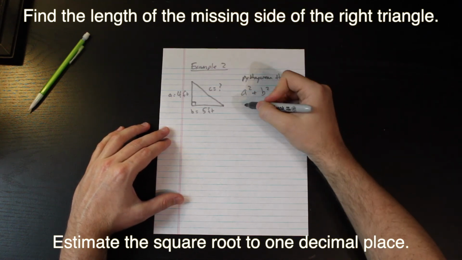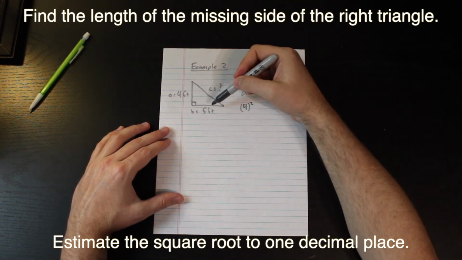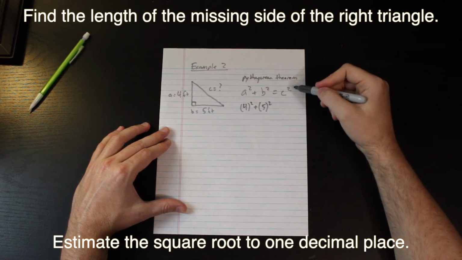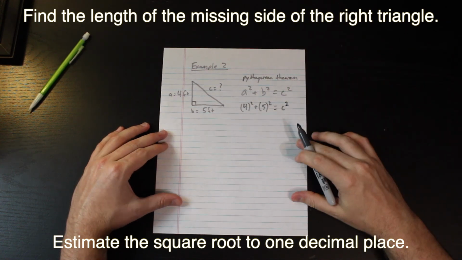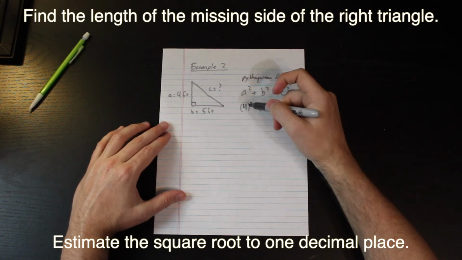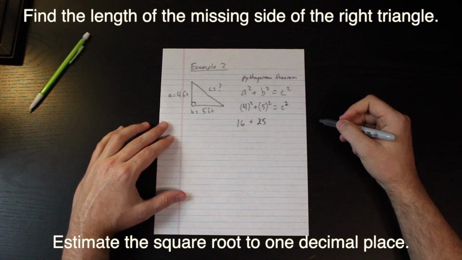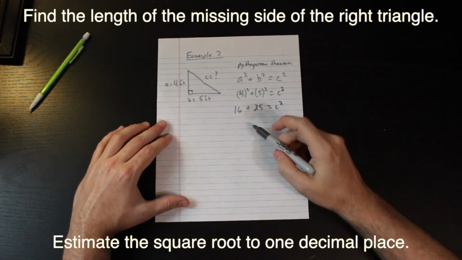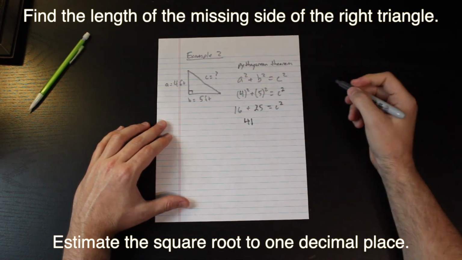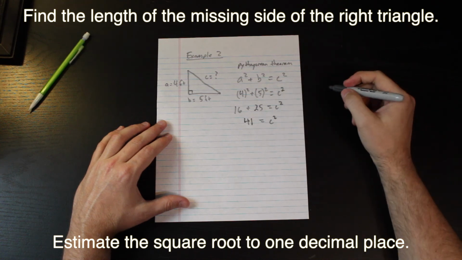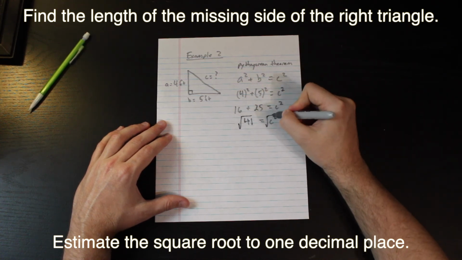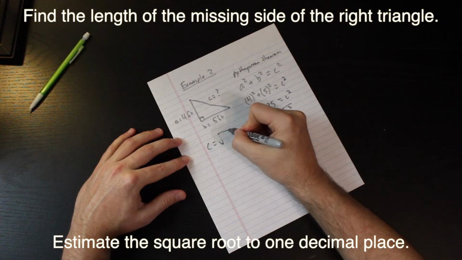A is 4 feet. B is 5 feet. And we're looking for C, so we leave that as a variable. 4 squared is 16. 5 squared is 25. 16 plus 25 is 41. Take the square root of both sides, and we find that our answer is the square root of 41 feet.